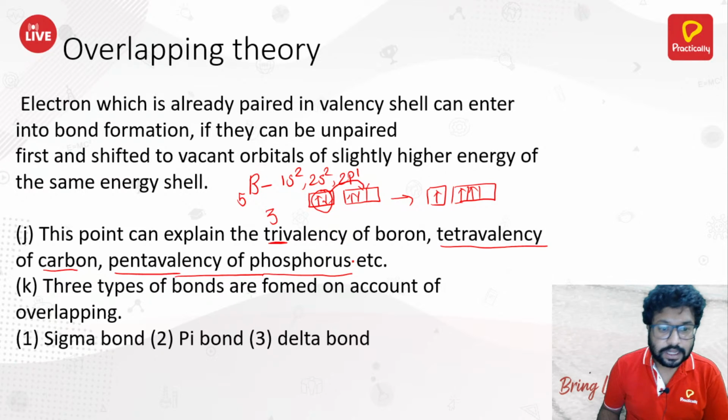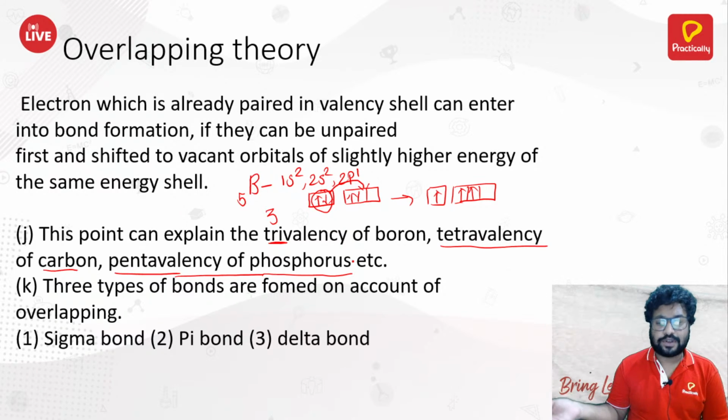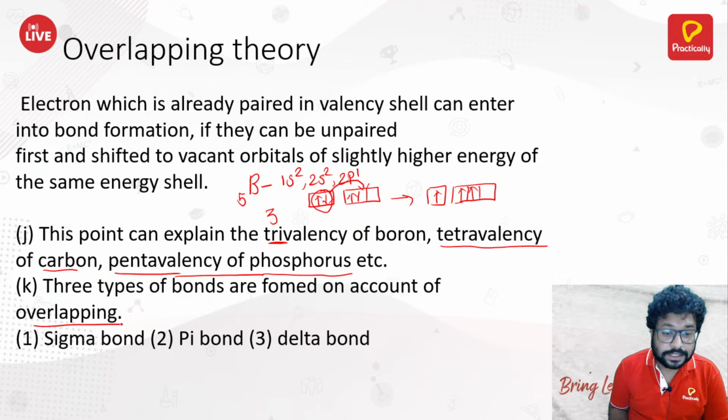Okay, sure. So there are 3 types of bond on account of overlapping. How does overlapping happen? Based on that, there are 3 types of bond. One is sigma, another is pi, another is delta.